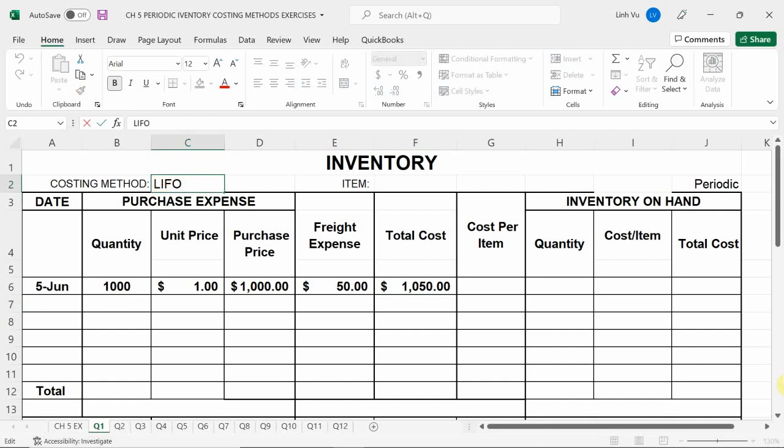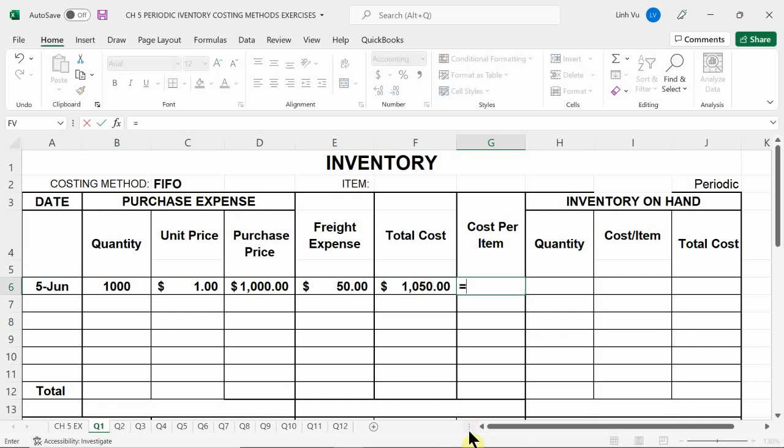Now, because I'm using FIFO here, I need to keep my batches of inventory separate, because I need to sell my batches according to when I purchased them. So I have to separate them so I know how to calculate my total cost of goods sold based on the batches of inventory.